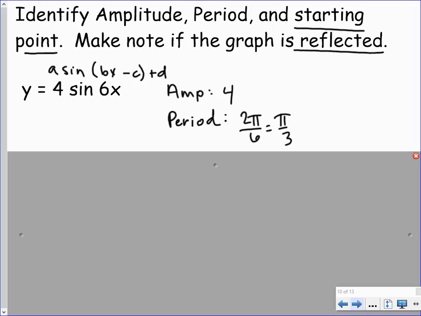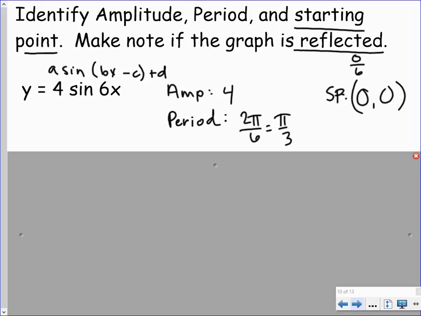So when you do your starting point, your C over B would be 0 over 6, which is just 0, and your D value would be 0. So basically what it's saying is, there is a horizontal shrink caused by the B, but there's no horizontal shifting. There's also no vertical shifting. So we're still going to have the same start point that sine would normally have at 0, 0.